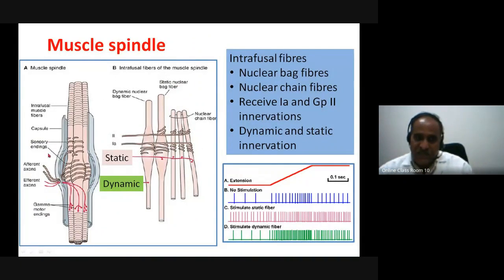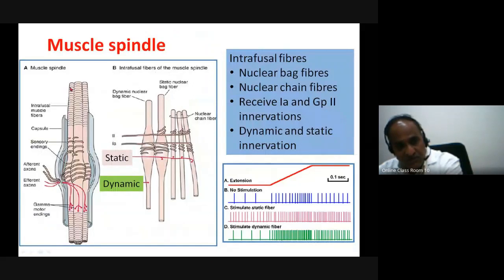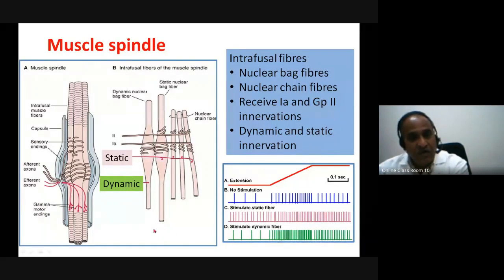The muscle spindle is composed of a bundle of intrafusal muscle fibers. Within this muscle, there are parallelly arranged a bundle of intrafusal fibers, what we call a muscle spindle. Of course, these fibers are specialized fibers, acting as both sensory and motor components.